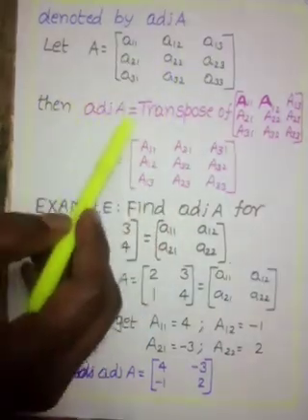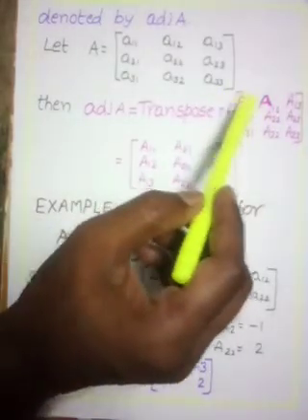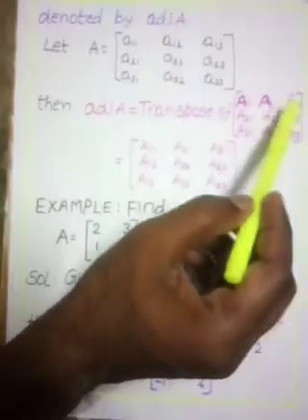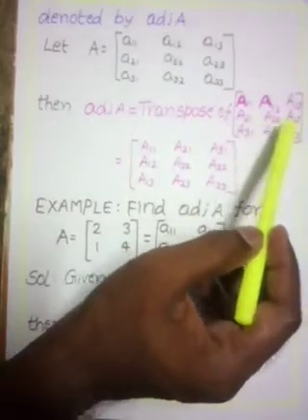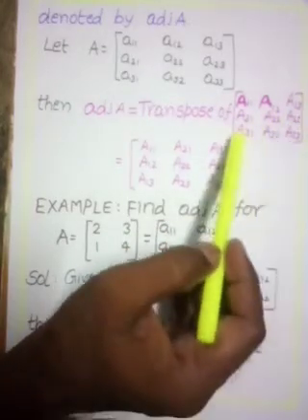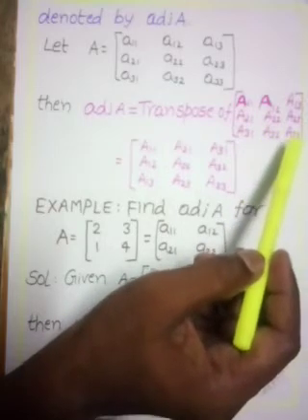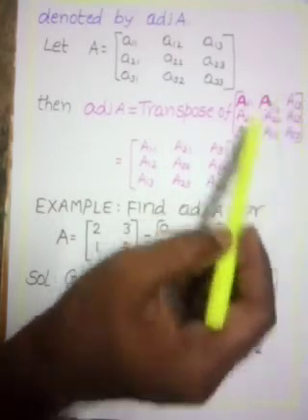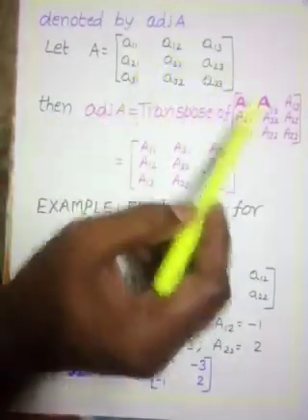Then adjoint A is equal to the transpose of the matrix capital A11, A12, A13, A21, A22, A23, A31, A32, A33. Do you remember what these are? All these are cofactors of the corresponding elements.